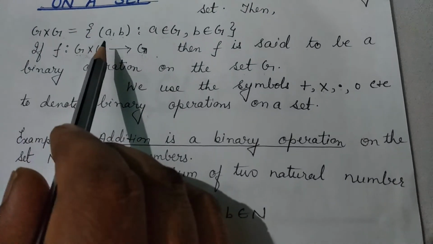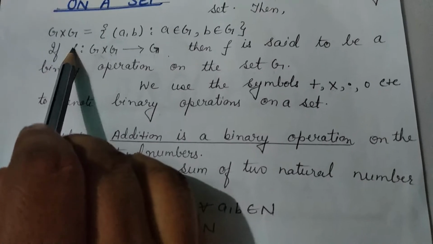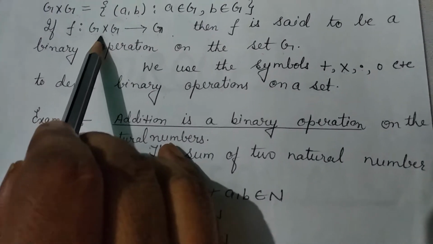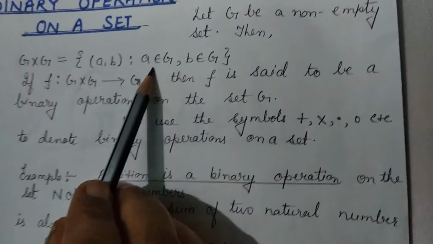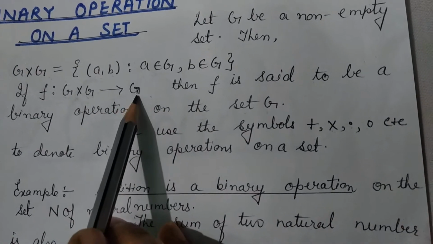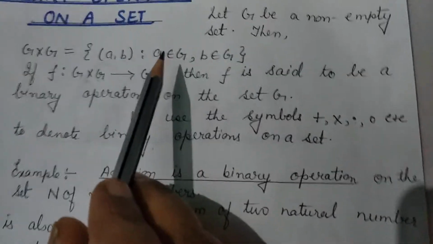So an operation which is defined on a set operates on two elements of the set, here a and b, which belong to G. Then the result that we get is an element of the given set.